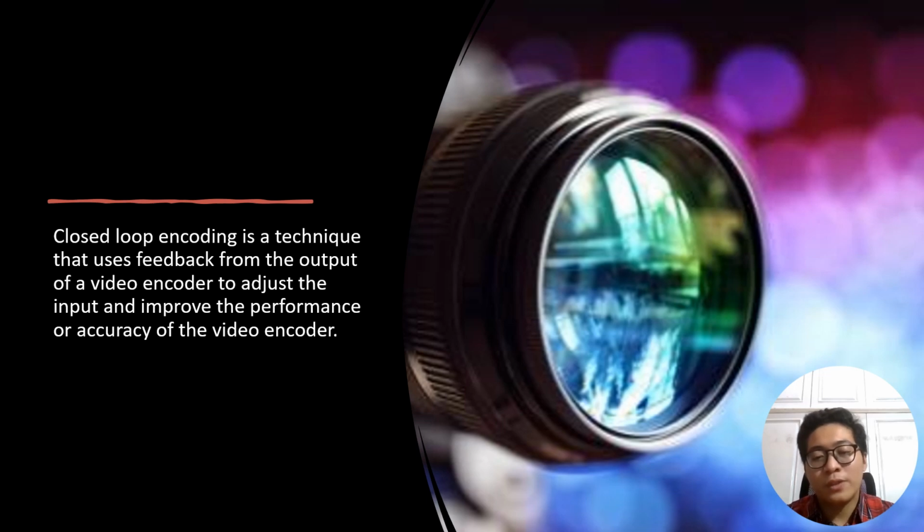In a closed-loop video encoder, the reconstructed frame or the output of the encoder is sent back to the encoder and used as a reference for predicting and encoding the next frame or the input of the encoder. This way, the encoder can reduce the errors and artifacts that may occur during the compression process.